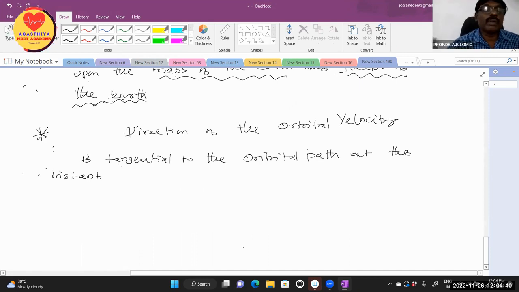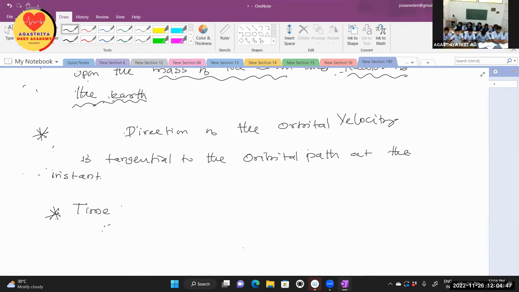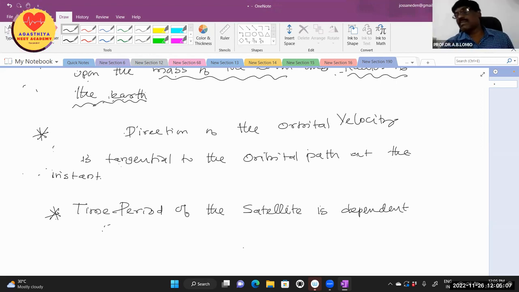Next important point related to time period. It depends upon the height at which the satellite is positioned from the Earth.